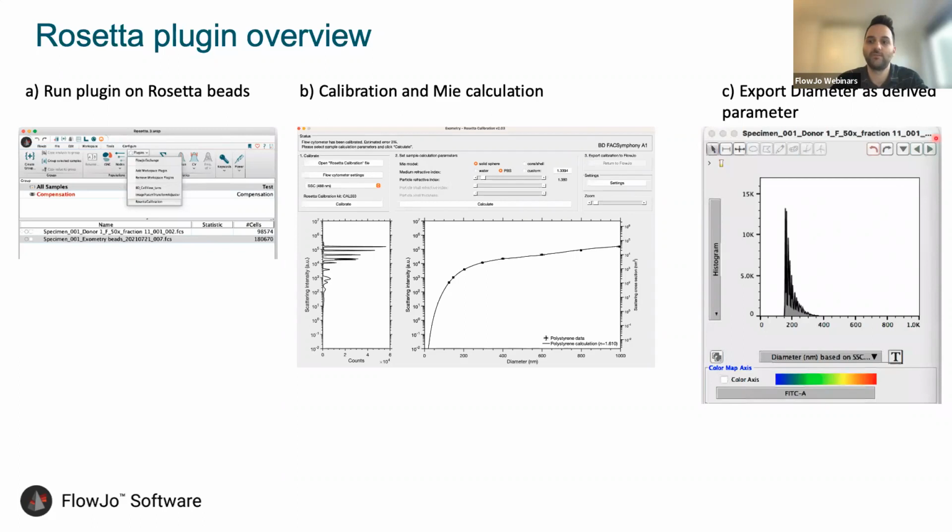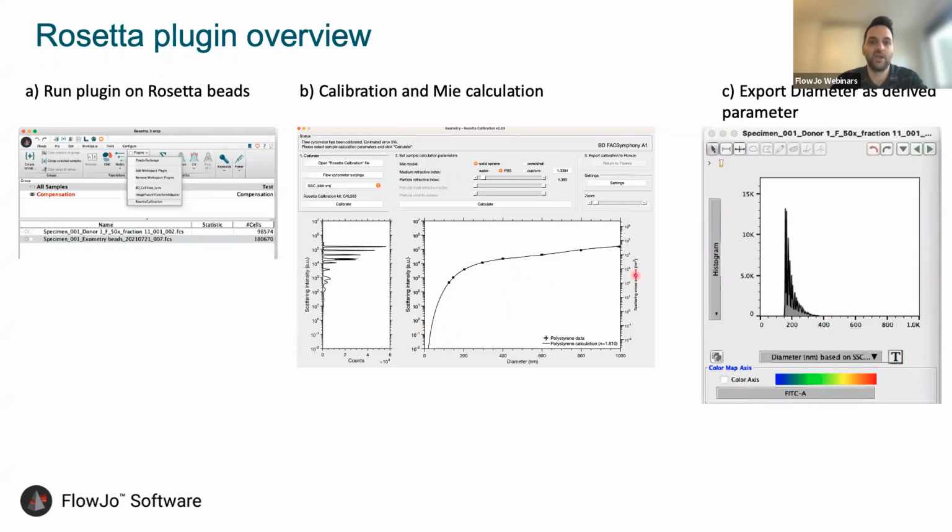And then we're going to begin by running the plugin on the bead control. So then this will direct you to the Rosetta calibration software, where you can visualize the data points and perform the different kinds of calculation.